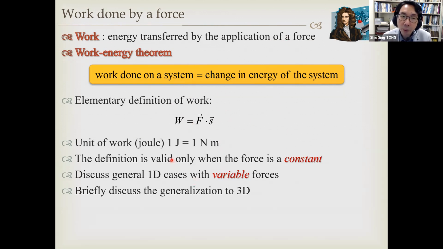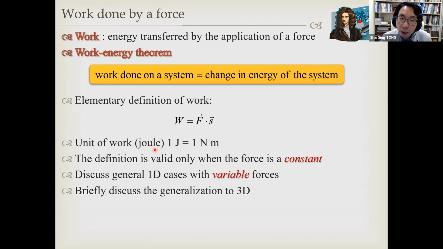Now, how do we define work? The elementary definition of work we have discussed before is defined by a dot product. It's defined as Fs cosine theta, where theta is the angle between the force and the displacement. When a force is applied on a moving object, and the object moves a distance s with a displacement s, the dot product F dot s, or Fs cosine theta, gives you the amount of energy transferred to the object by the force.